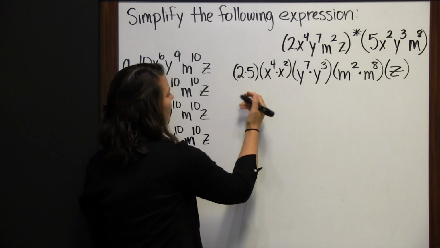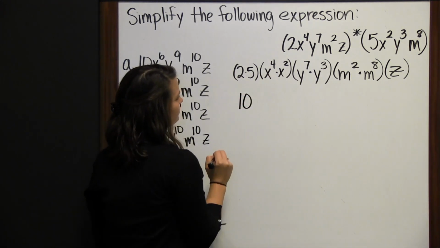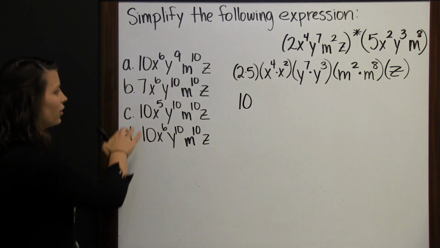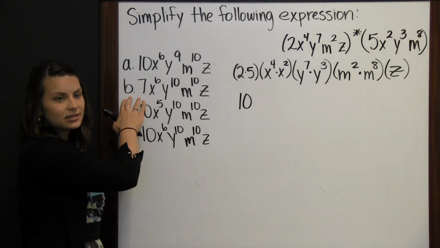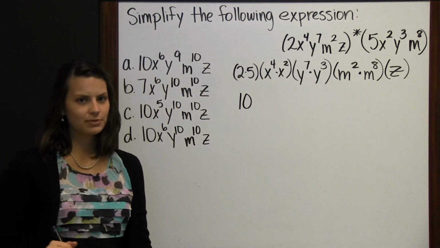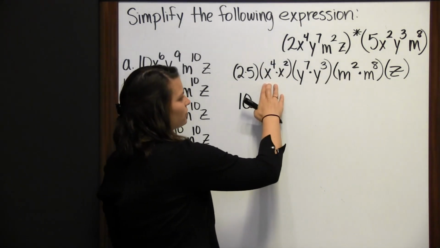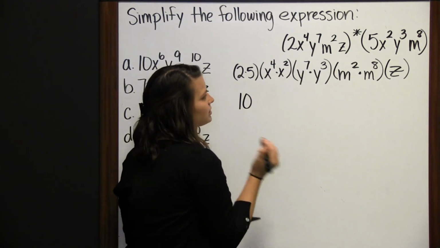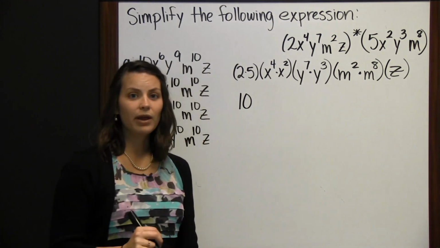So 2 times 5 is 10. And so right now you could already eliminate answer choice B because we're multiplying. We're not adding 2 and 5 together, we're multiplying. And then we get to our x's, x to the 4th times x squared.